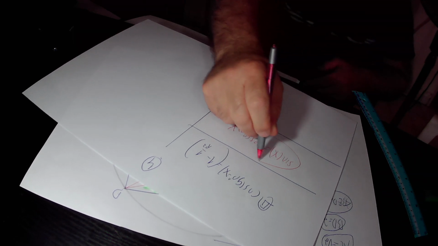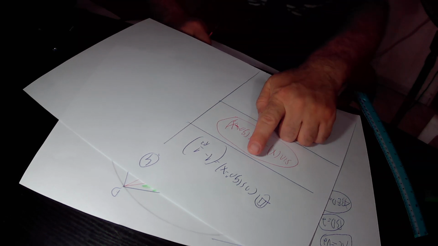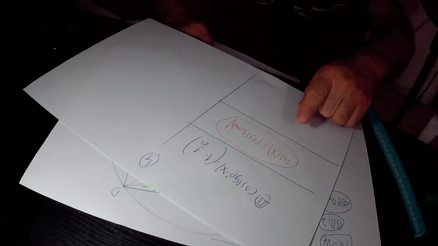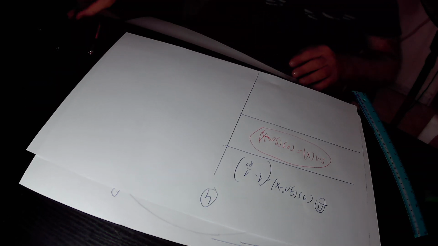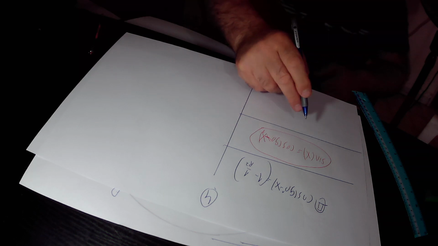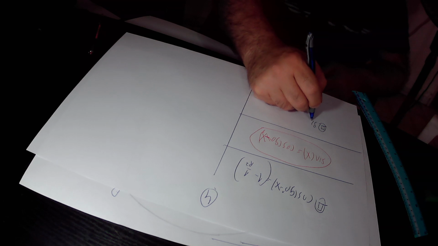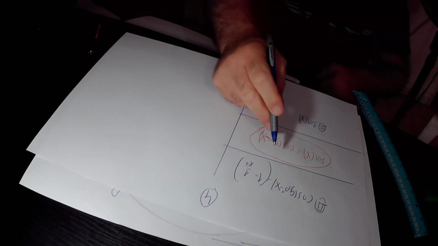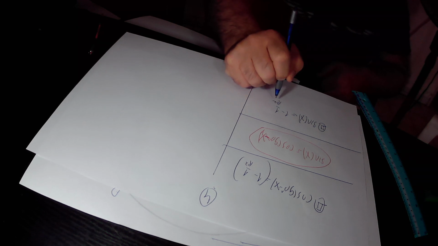According to this identity, we can substitute cosine of 90 degrees minus x in equation 2 by sine x. So sine x equals 1 minus 1 over R squared. This is according to equation 2.